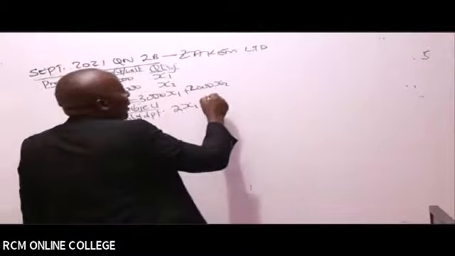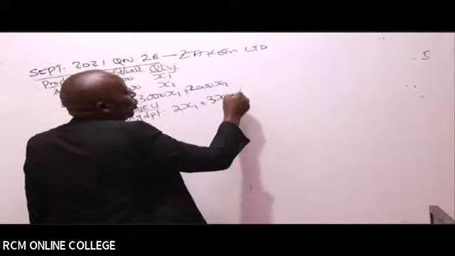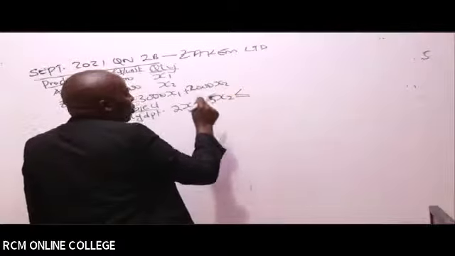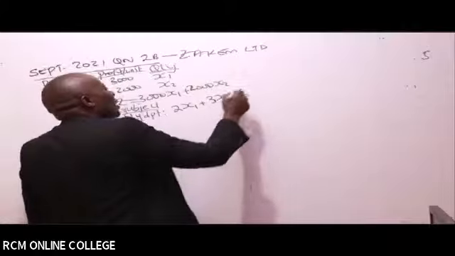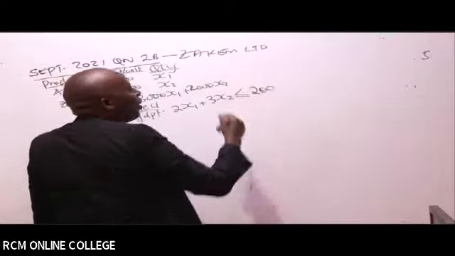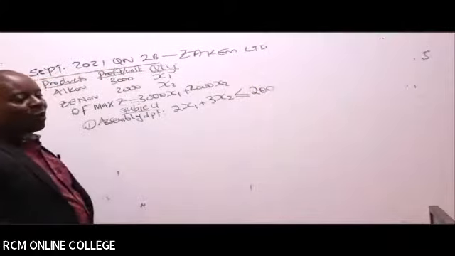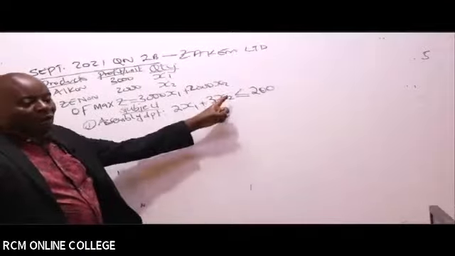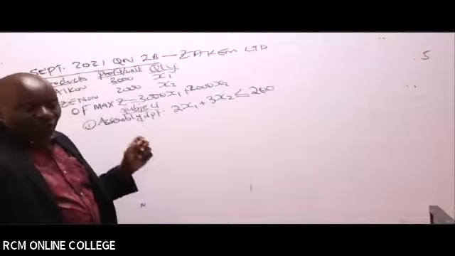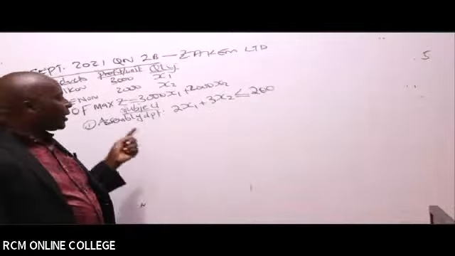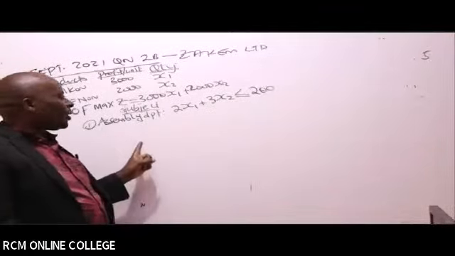So 2X1 plus 3X2 should be less or equal to 200. They told us that each department has a maximum of 200 hours. So there is no way we'll be able to exceed the 200 hours. So this is the assembly constraint.